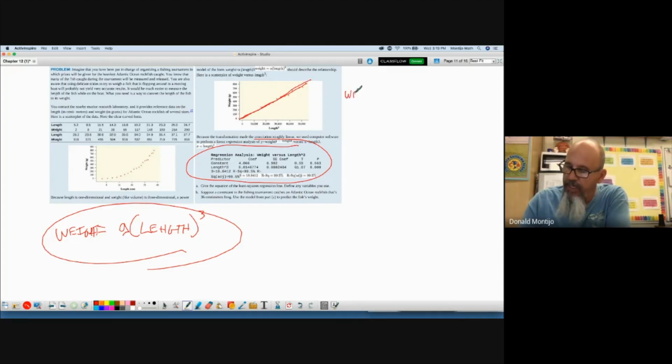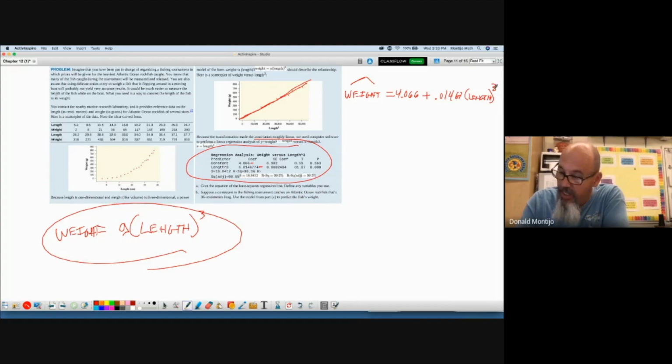Well, the predicted weight, put the little hat on it to make sure that we're representing that it's a prediction, equals the intercept, 4.066, plus the slope, 0.01467, times the length. But that's not really the length we use to achieve this.